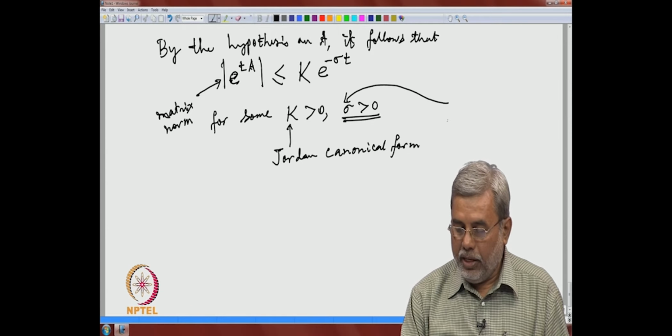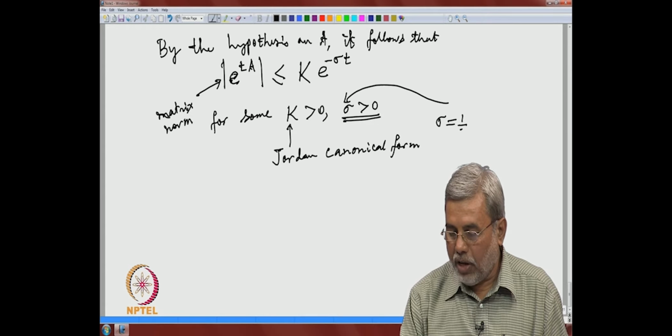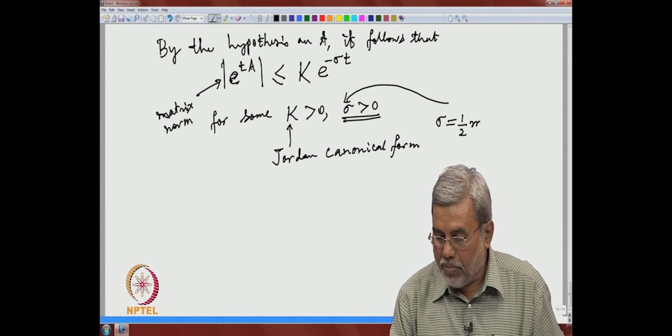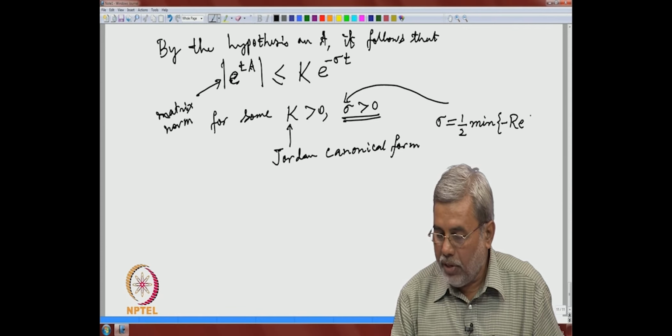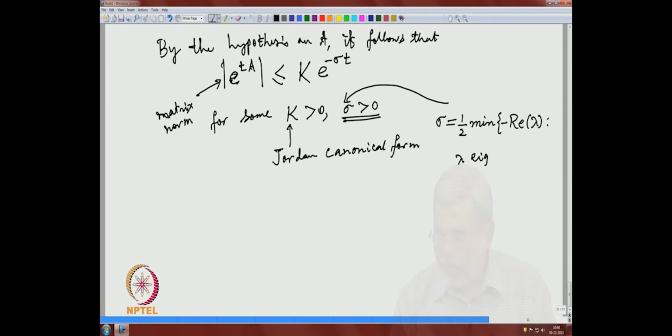So, sigma is essentially, or half of, you can put any fraction there, the minimum of minus the real part of lambda, over the eigenvalues.